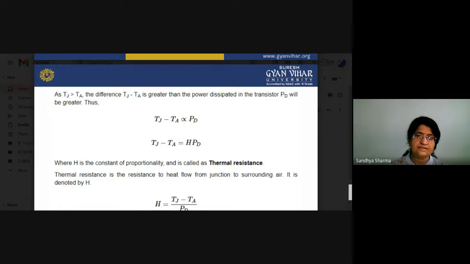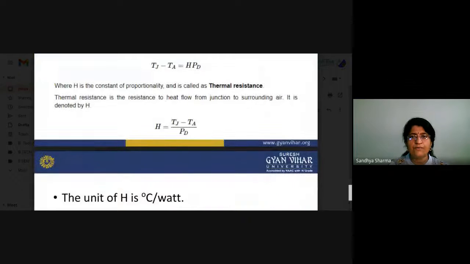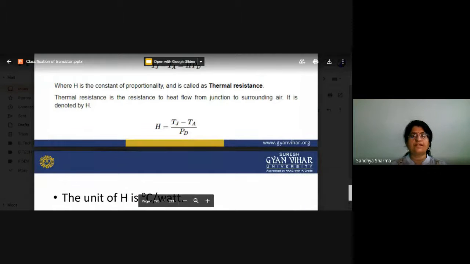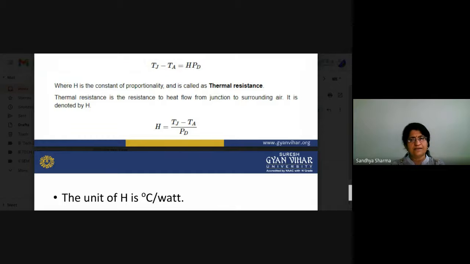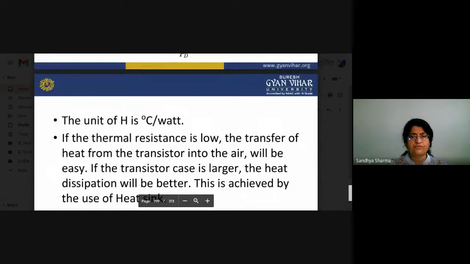So you can see in this figure Tj minus Ta is directly proportional to Pd, and Tj minus Ta is equal to H times Pd. H is the proportionality constant and it is called the thermal resistance. So thermal resistance is the resistance to heat flow from junction to surrounding air, denoted by H equal to Tj minus Ta upon Pd. The unit of H is degree centigrade per watt.